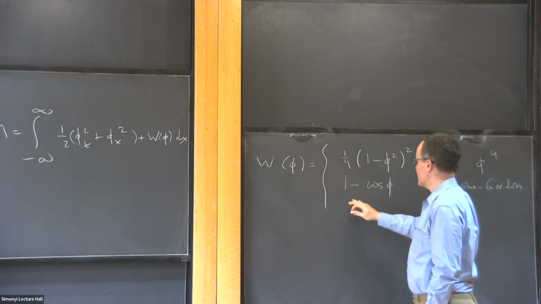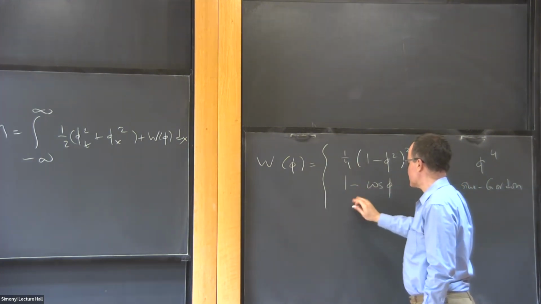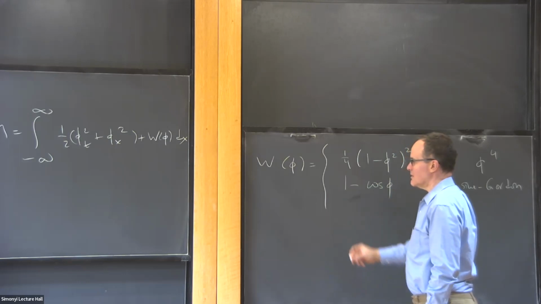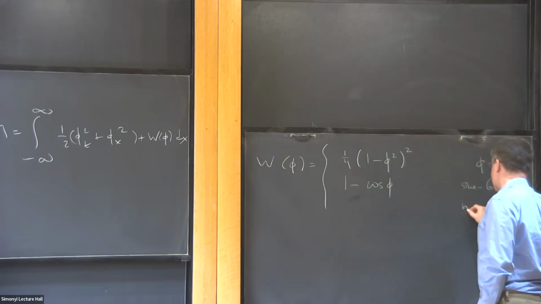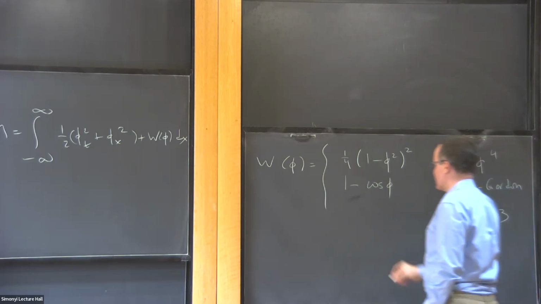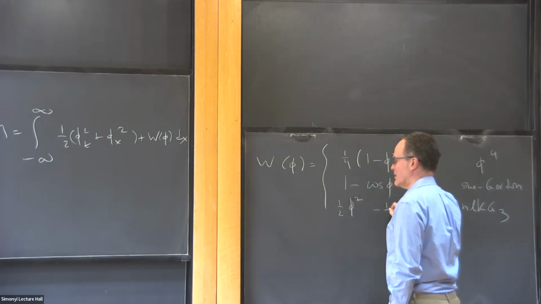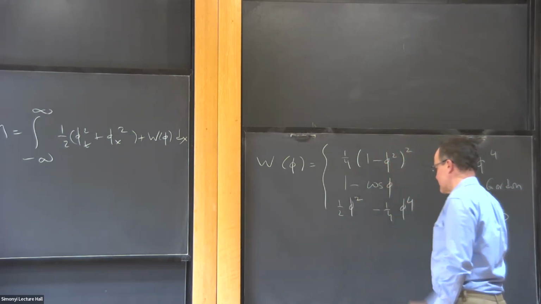And most relevant for us is NLKG 3, and there we have a half phi squared minus a quarter phi to the 4.